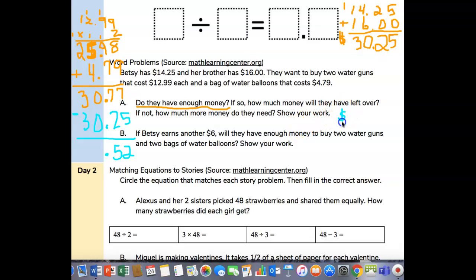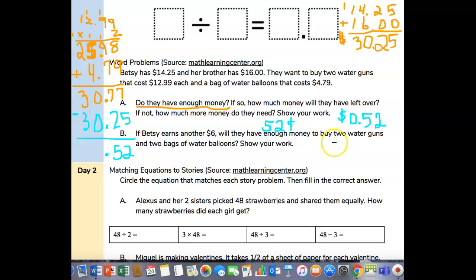So you can write it like this, $0.52. Okay? Or you can write it 52 cents. Okay? If Betsy earns another $6, will they have enough money to buy 2 water guns and 2 bags of water balloons? All right, well, we're not going to do all this work again because we're just going to use what we have.